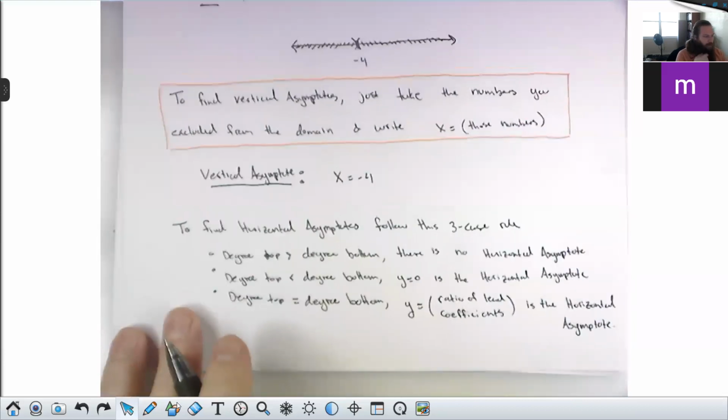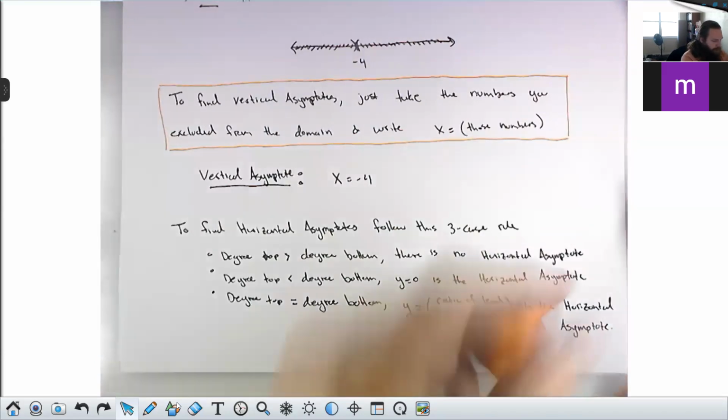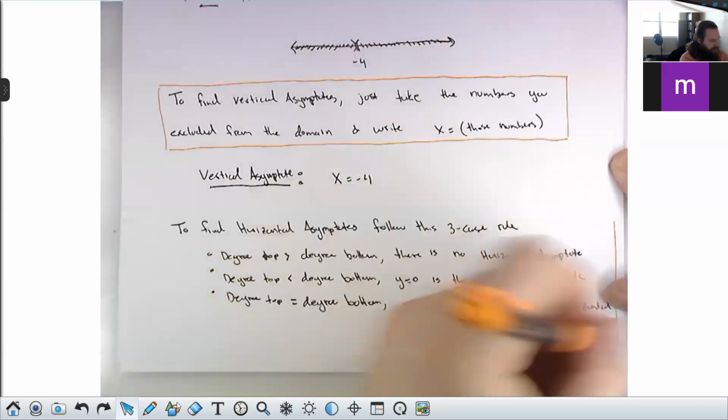So this is what we call the 3-case rule for finding horizontal asymptotes. And I fully acknowledge that it's a little bit complicated, but once you practice with it, it will start to make sense.